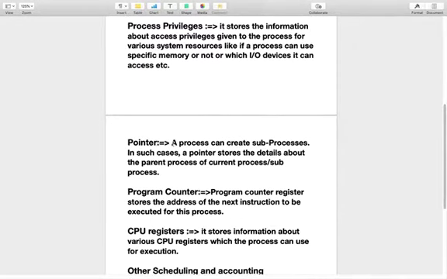Next is pointer. A process can create a sub process. In such cases, a pointer stores the detail about the parent process and the current sub processes.